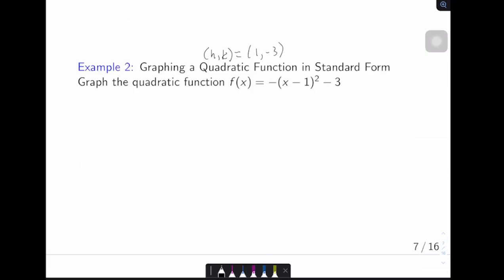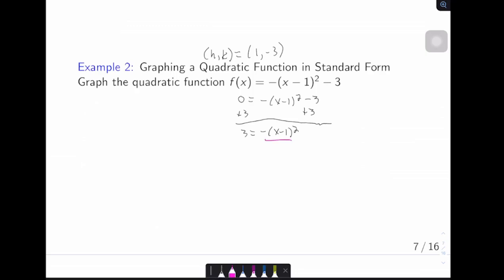Let's see, if we say 0 is equal to negative x minus 1 squared minus 3, if we add 3 to both sides, 3 is equal to negative x minus 1 squared.